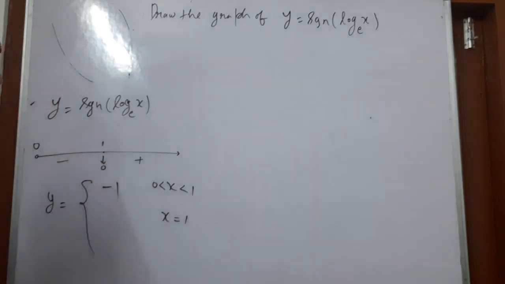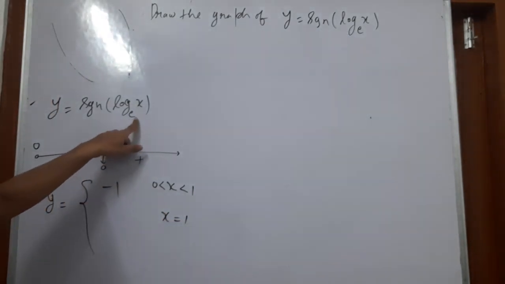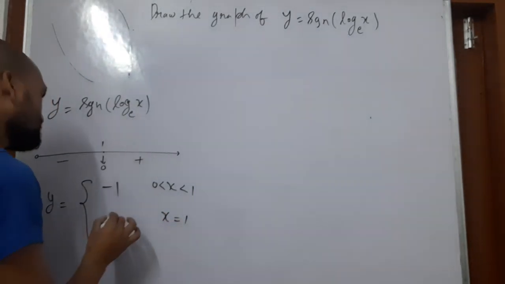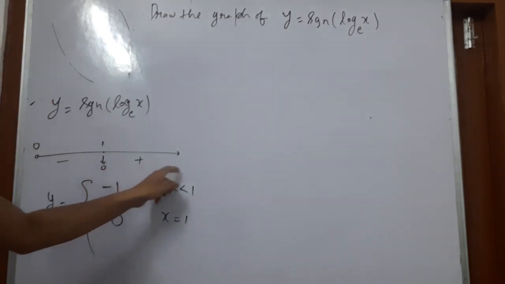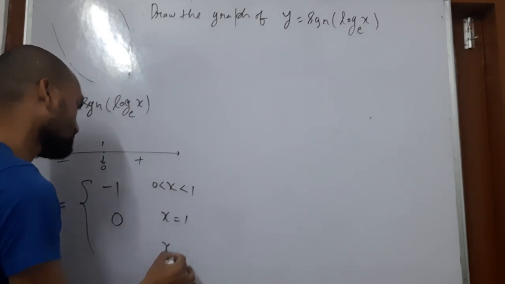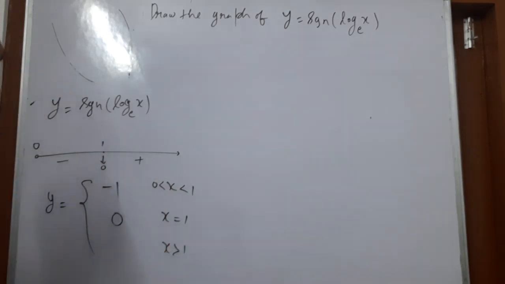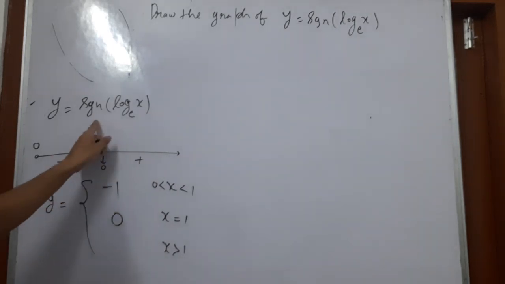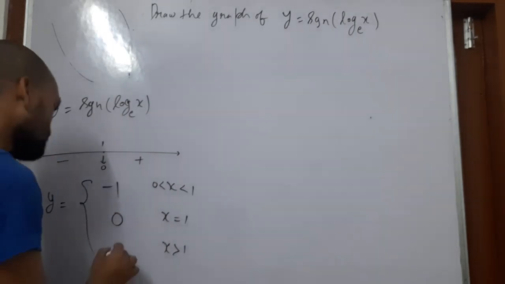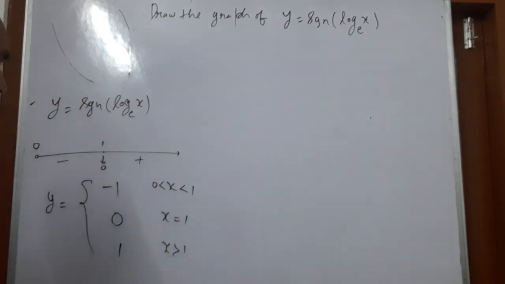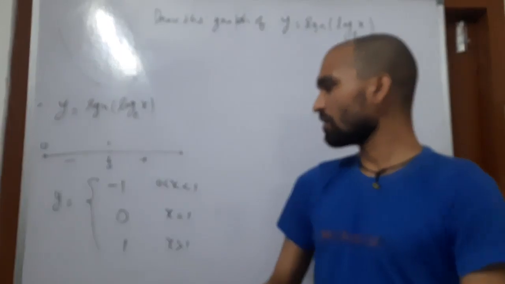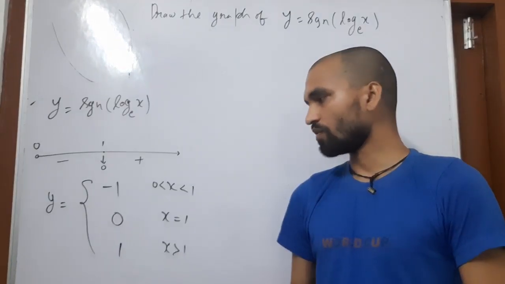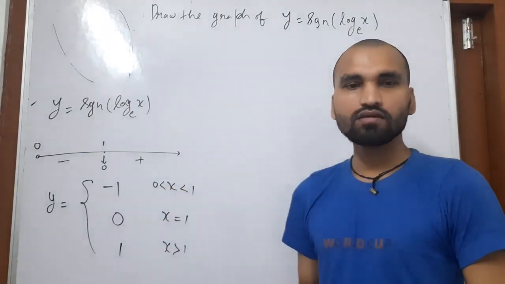When x is equal to 1, log 1 will be 0, and signum 0 is 0. When x is greater than 1, log x is always positive, and signum of positive is always 1. So we have worked out the value of y for different values of x.